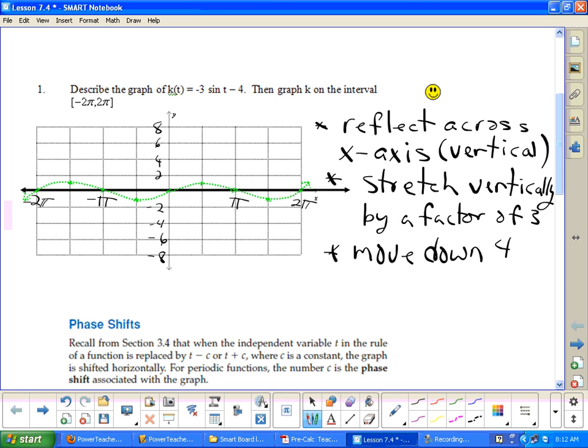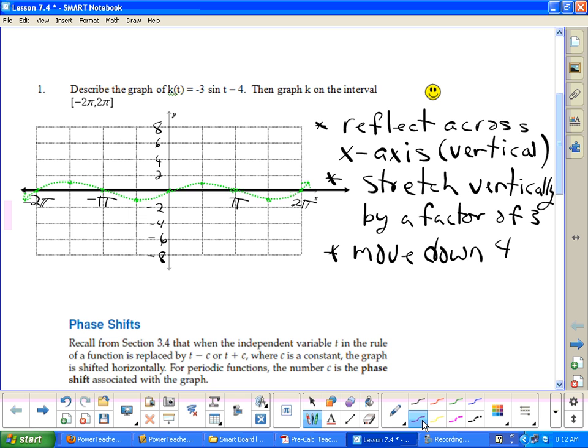So to do the graph of this, what's changing? Are we changing any x values? No, okay, we have no horizontal shift, no horizontal compression, nor stretch. Just the y values. So all we care about are the y values then.